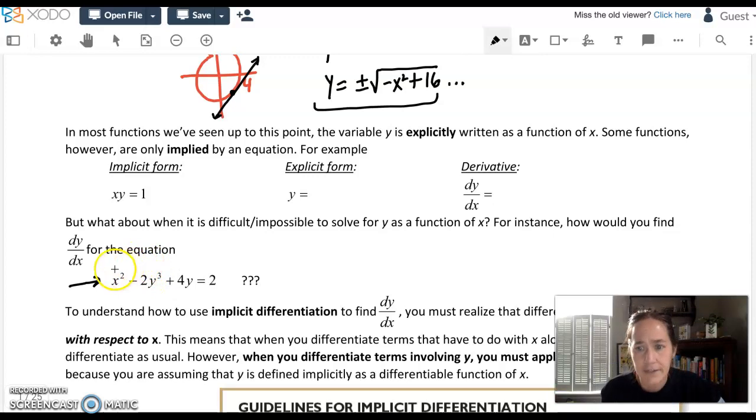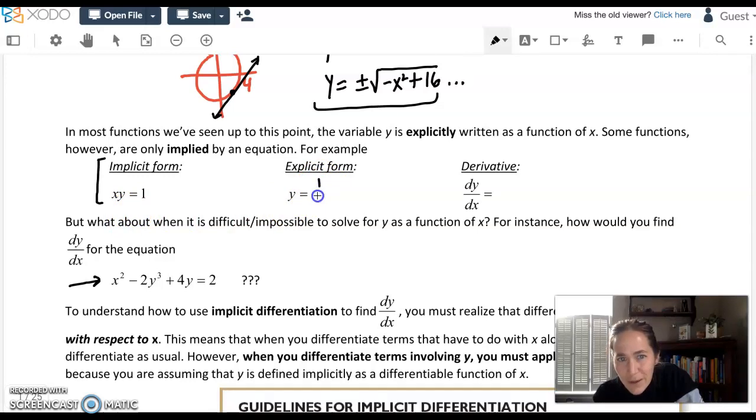It's not to say that I need it every single time I have an equation that's implicit. You see this example here. It says implicit form of this equation. This is a hyperbola. It says x times y equals 1. That's called implicit form because x and y are together on the one side. You don't have y by itself. But in this example, it would be really fast to get y by itself. We could divide both sides by x.